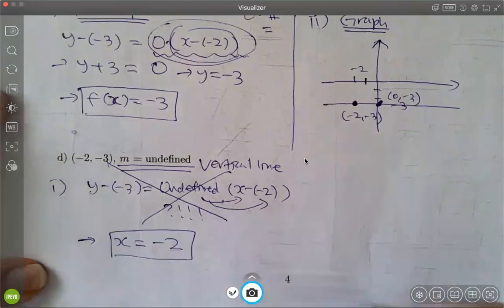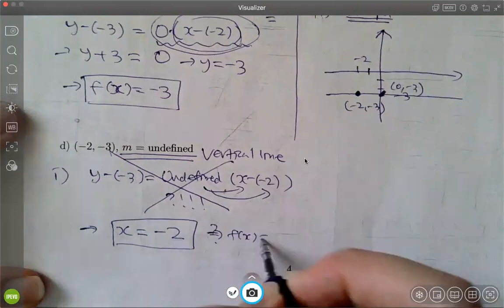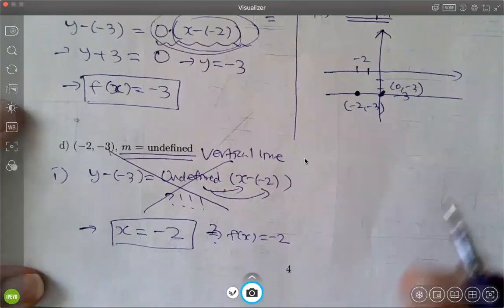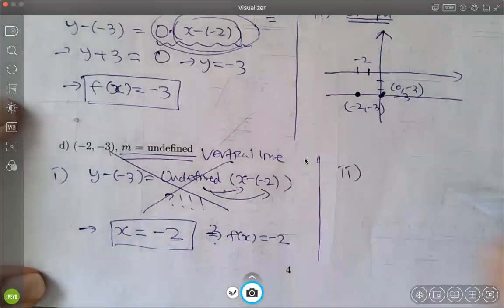Okay, now, is this the same thing as f of x is equal to -2? Okay, now, let's sketch the graph, okay? And then I'll answer this question in a minute.